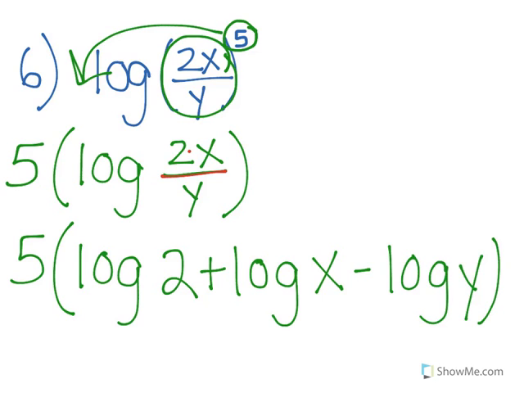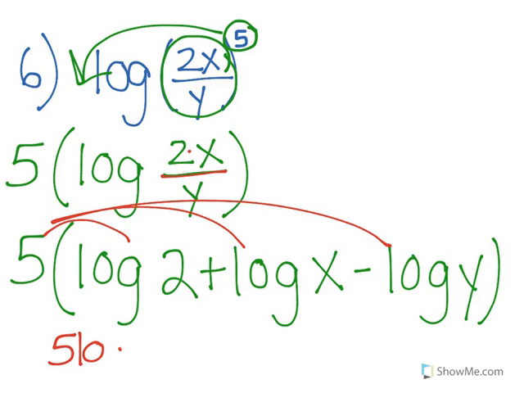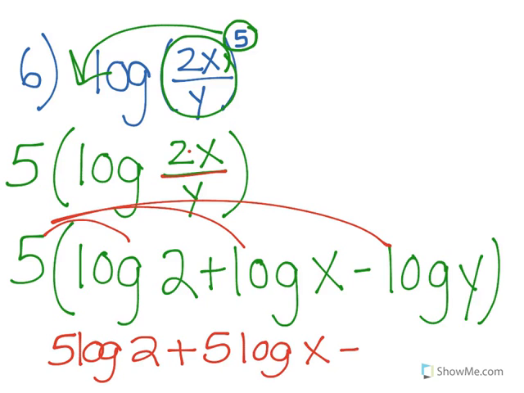And the very last thing that you need to do is, I do ask that you distribute this 5. Expand it all the way out, so your final answer is 5 log 2 plus 5 log x minus 5 log y. The reason why I asked you to distribute that 5 is in case there's any other number in front of these logarithms, you would then multiply it by 5 and then get a simplified answer.